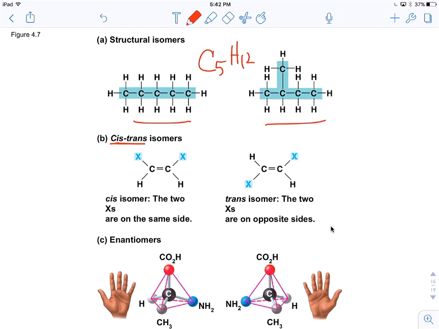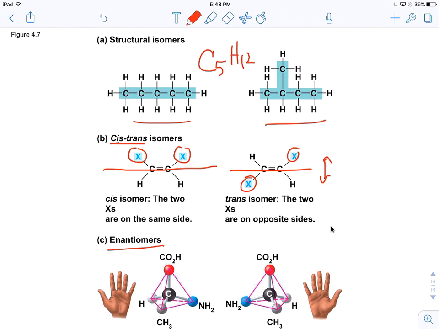You can have cis-trans isomers. Cis is when your two functional groups are on the same side. That's called a cis isomer. Trans is when your functional groups are on different sides of the plane. Okay. Again, same formula, different structure.